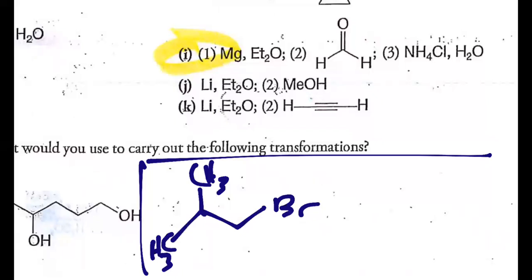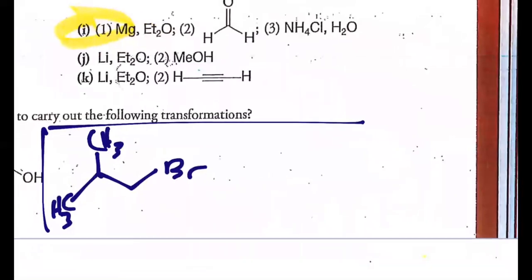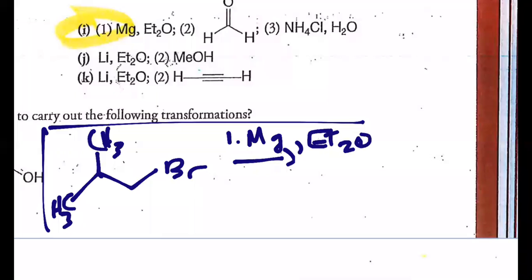And if we subject it to these conditions shown in 1, my first step is to add magnesium and to do it in ether, that's what Et2O is, ether. Here's 2, you add in formaldehyde.